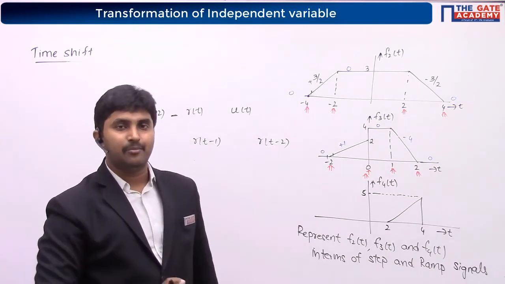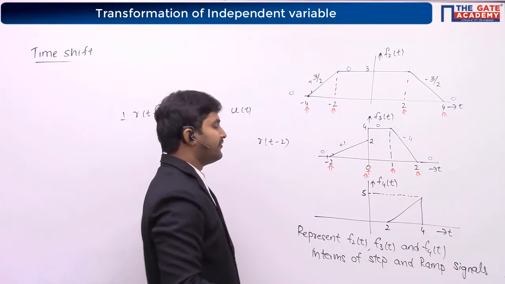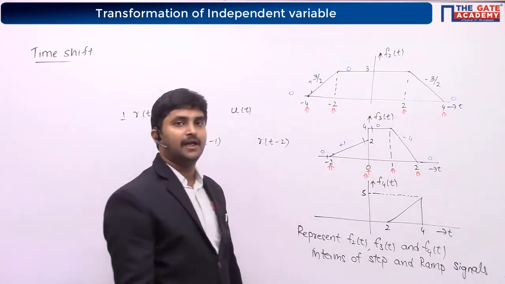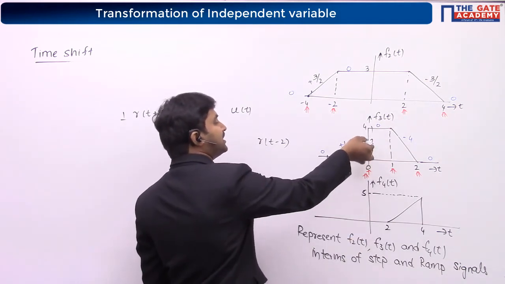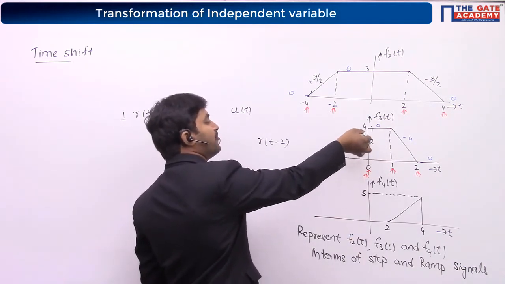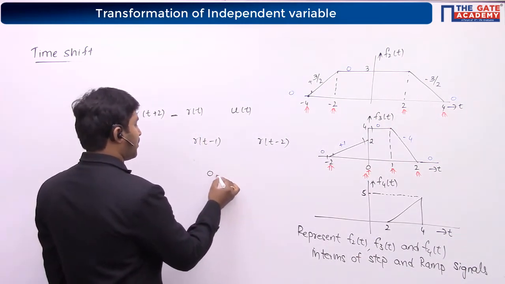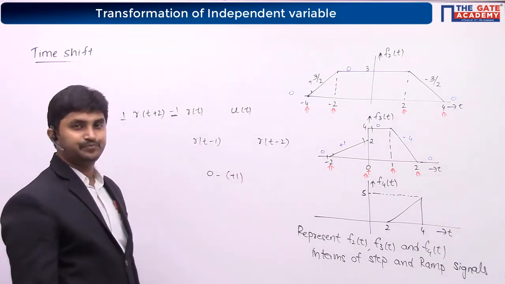So at t is equal to 0, after that there is a slope of 0, before that there is a slope of +1. Okay, so 0 minus +1, it is -1.